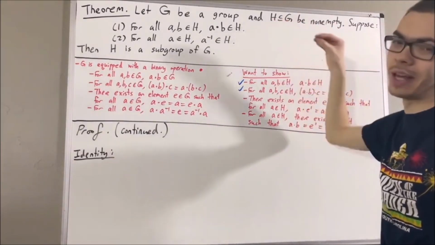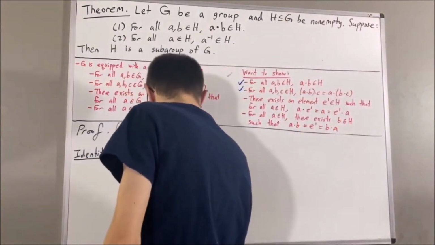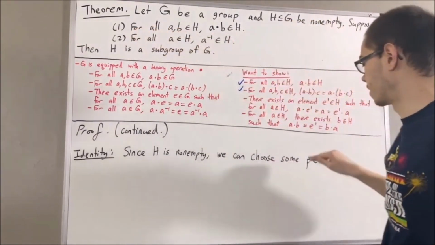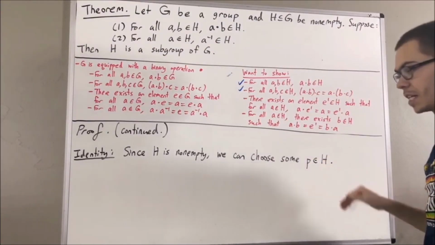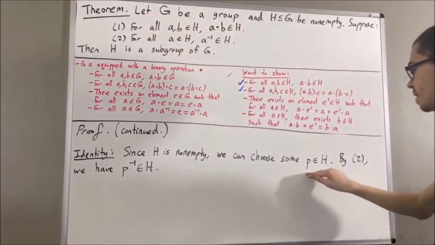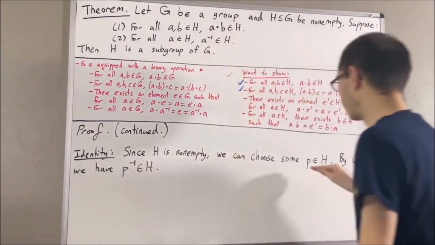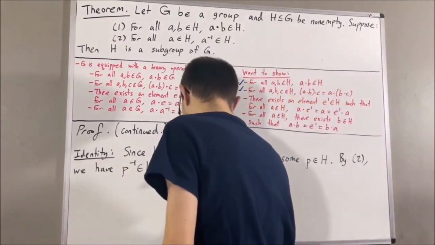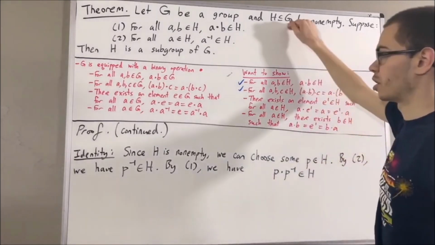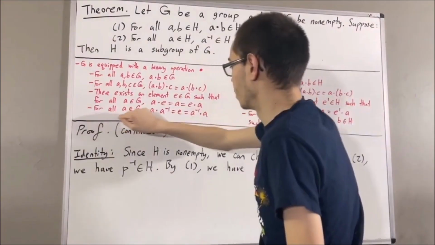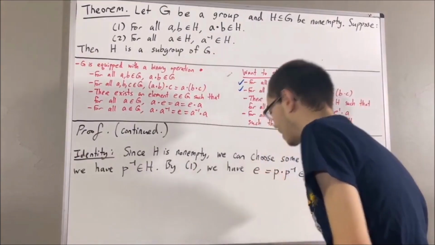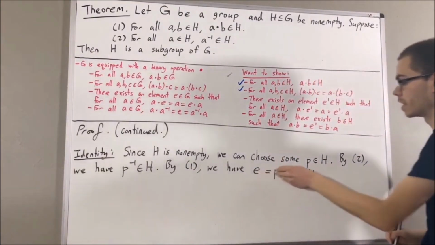So we can choose some element in H. I'll call it P. Well then, by 2, since P is in H, that tells us that the inverse of P is in H. But then, by 1, since P is an element of H, and the inverse of P is an element of H, that tells us that P times the inverse of P is an element of H. But remember, since P is an element of H, that implies P is an element of G. So then, according to the fact involving inverses of elements in G, we know that P times the inverse of P is equal to the identity of G. So this tells us that the identity of G is an element of H.